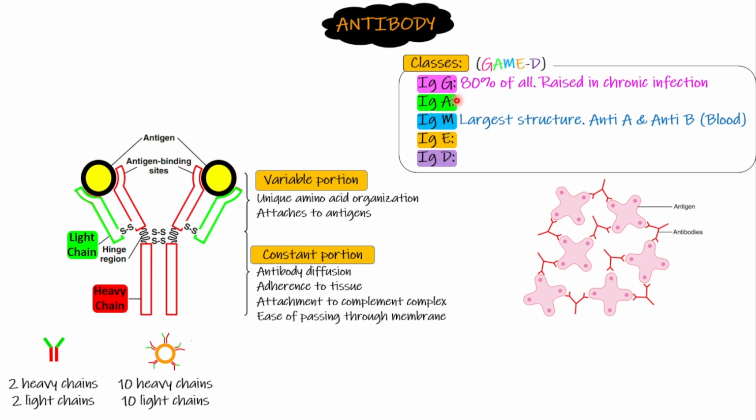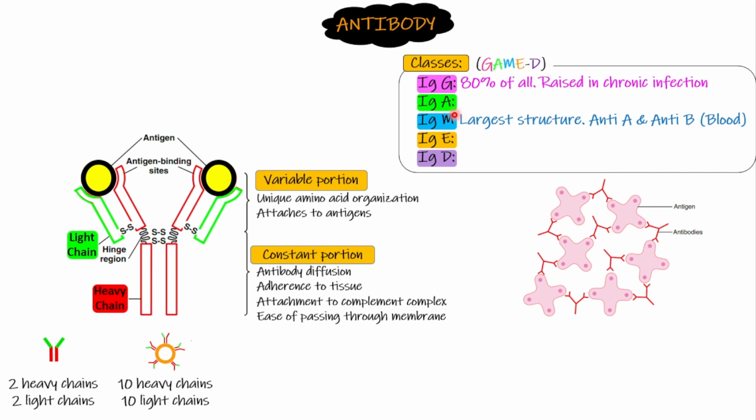IgG antibodies are the ones raised in chronic infections, whereas IgM are raised in acute infections. IgG has the greatest number, whereas IgM has the largest size.